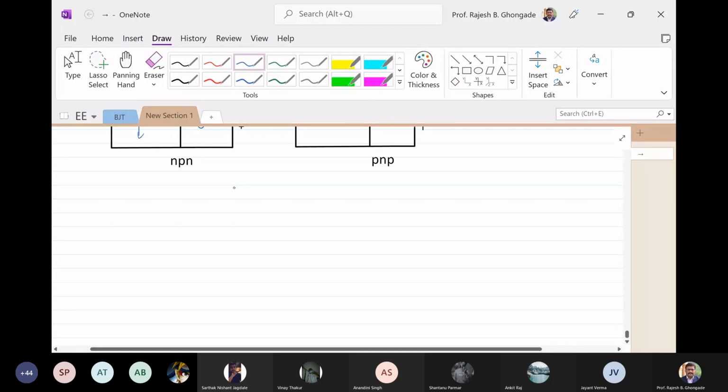So I will draw another figure so that it becomes a little bit easier for you to understand rather than showing it this way. So this is your VCC. This is how we will show it.